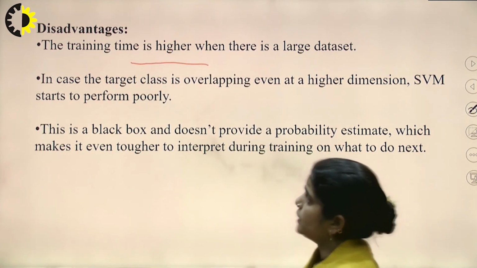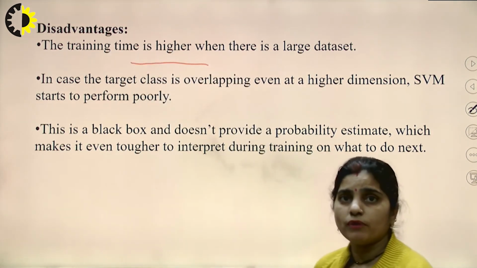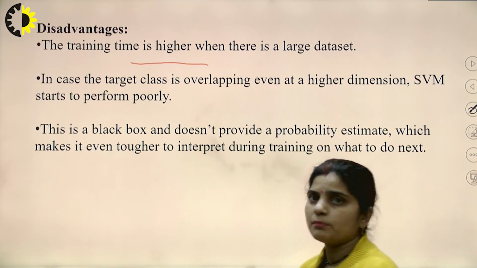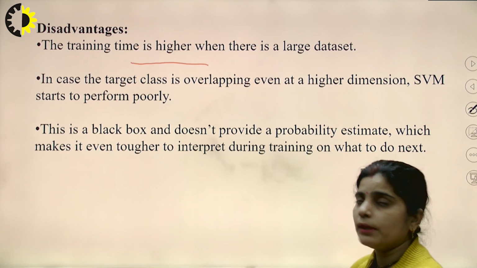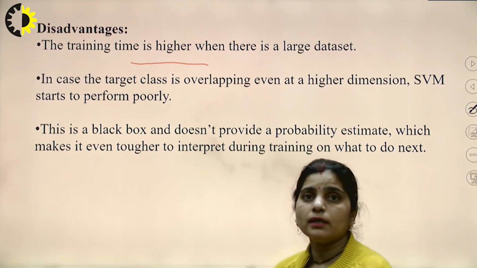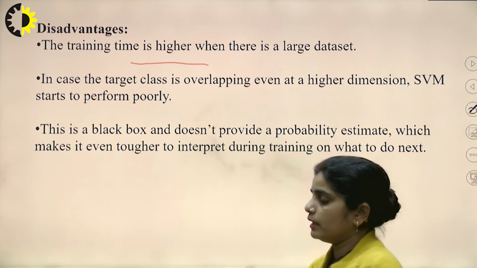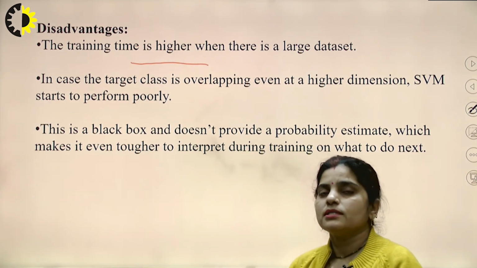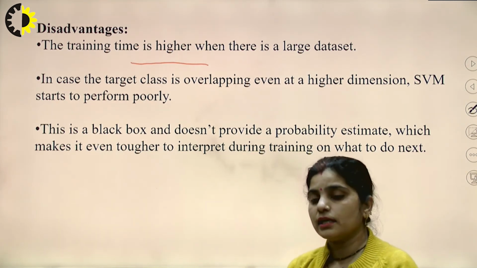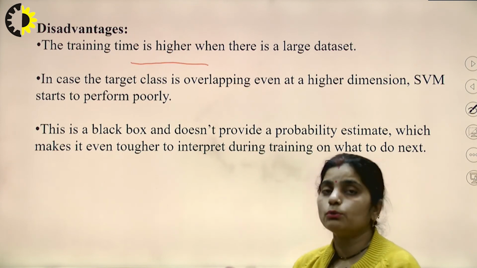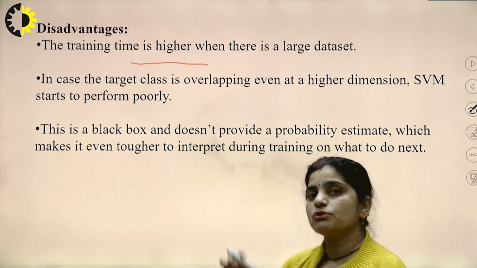Second one is, in case the target class is overlapping even at higher dimension, then SVM, or support vector machine, will start performing poorly. Means, whenever the target class is overlapping, and we are not able to segregate the data at a low dimension, then what does the kernel method do? It will take the data points to the higher dimensions.